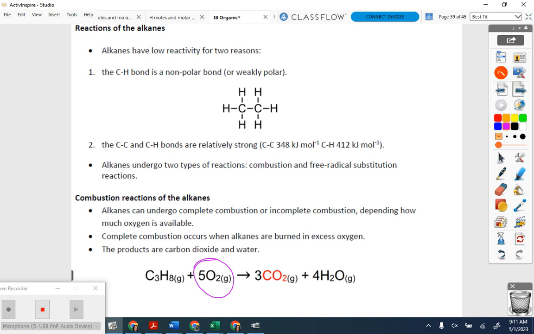Yes? If it were complete combustion, yes. And if the gasoline was pure hydrocarbon, then yes. But there's other things going on in your combustion engine. So there's nitrogen in the air as well as the oxygen.